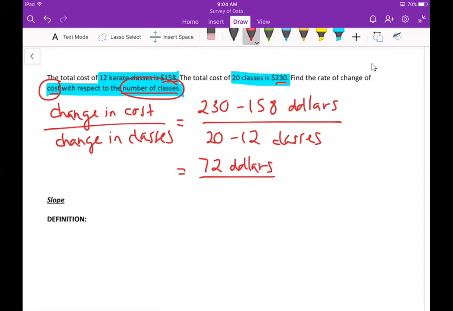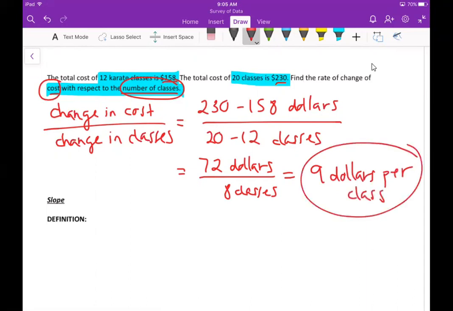So it went up $72 for how many classes? 20 minus 12 is 8 classes. So that must mean that we are paying $9 per class. And that is our rate of change. And that final rate of change, right? It helps us a lot. It's a very important statistic, a very important number to know for the cost per class of these karate classes.